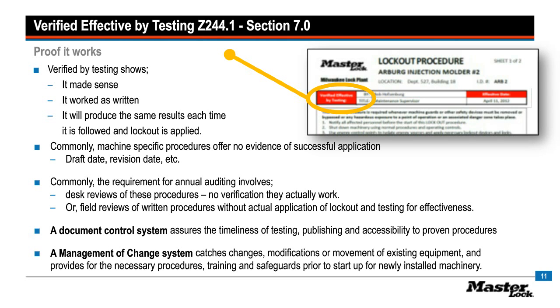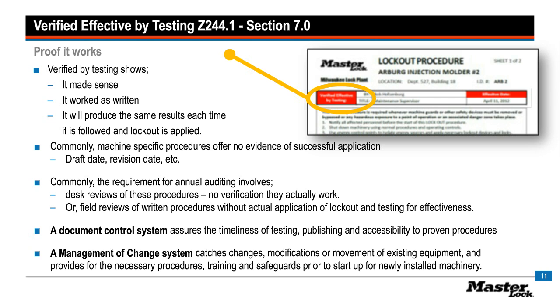This said, to jump ahead to auditing, with verified procedures proven to be working successfully, and with a management of change program to document any changes before they're allowed to be made, before that machine is released back to the workplace, the auditing process of checking through your procedures becomes much more streamlined because they are proven, they are documented if changed, and this allows a better desktop auditing function than what we currently see, which is searching from memory or maintenance records, whether anything suggests the machine has been changed.